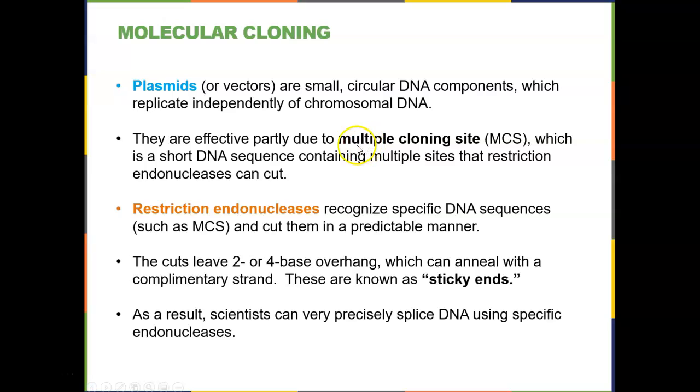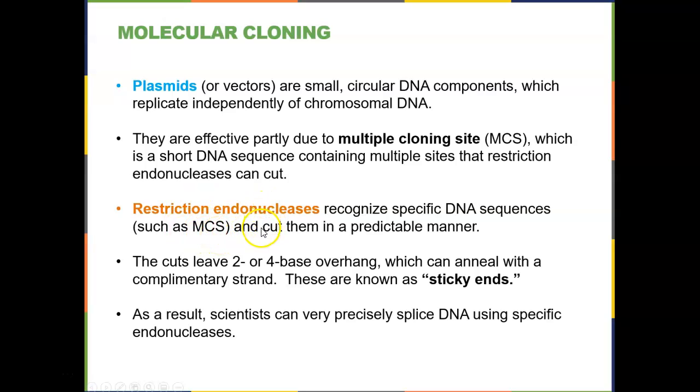So they have regions in them called multiple cloning sites, or MCS, and these are regions that can be recognized by a specific enzyme called a restriction endonuclease. And the endonuclease is going to cut open the plasmid at these positions.